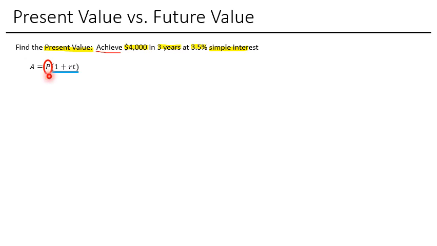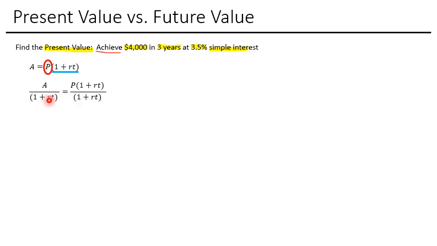The P is attached to 1 plus RT by multiplication. To move it to the other side, the laws of algebra tell you that you need to divide, and we can divide by this whole thing. So I divided the right side by 1 plus RT, and I divided the left side by 1 plus RT. This is perfectly legal in algebra, as long as what you do to one side, you do to the other side.